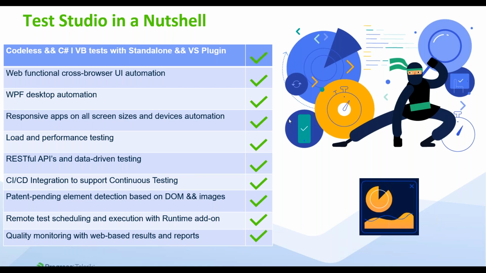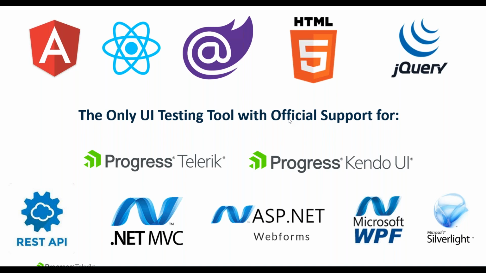Right. As far as the technologies supported out there, you can see that we cover everything from the good old ASP.NET tech with the web forms or Ajax and MVC, right? Including, by the way, Silverlight. Yes, Telerik as a company still supports the UI components for Silverlight.